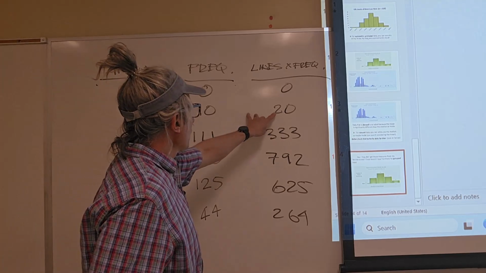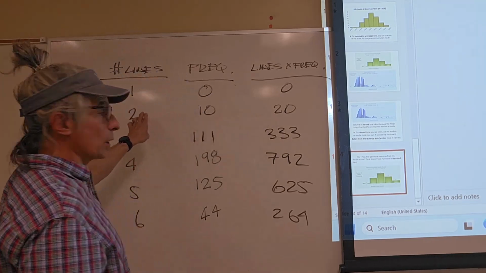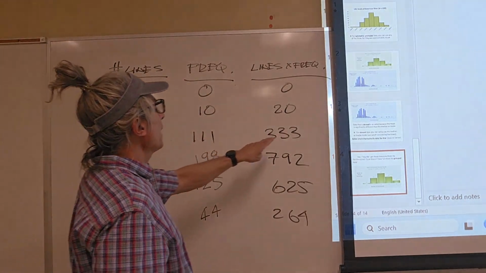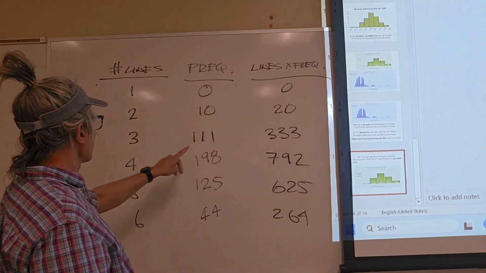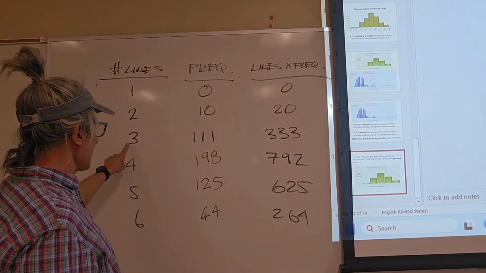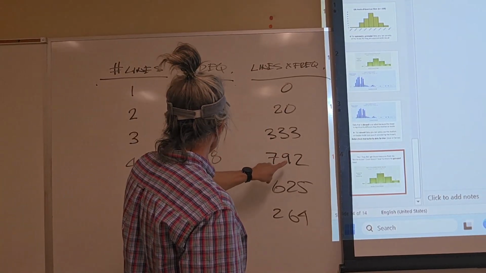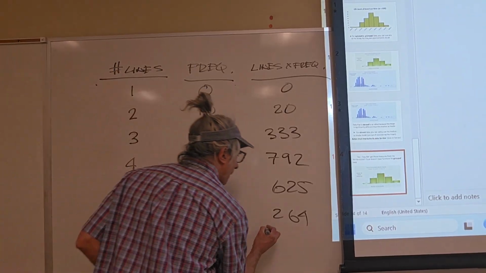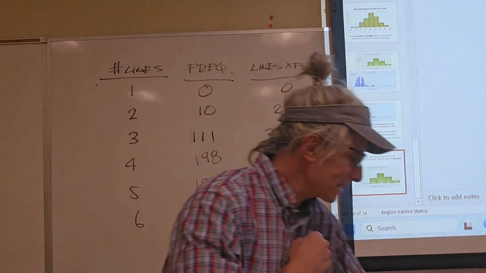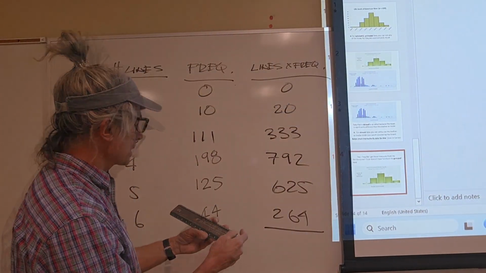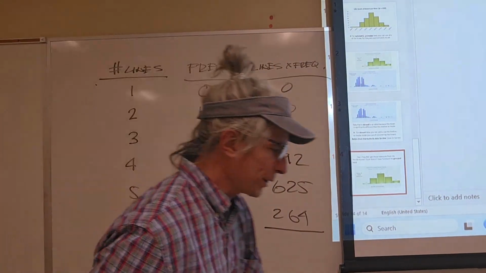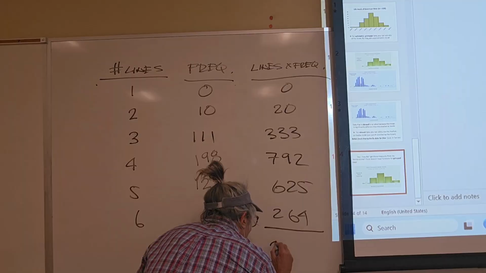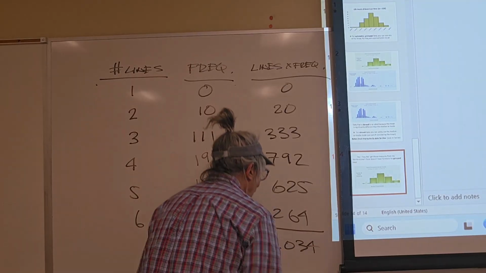Okay, so now, I know I have 20 total lines because of the 2 guess days. I have 333 total lines because of the 3 guess days. I have 792 total lines because of the 4 guess days and so forth and so on. So how many total lines do I have? I am going to use the calculator for this. I have 2,034 total lines.